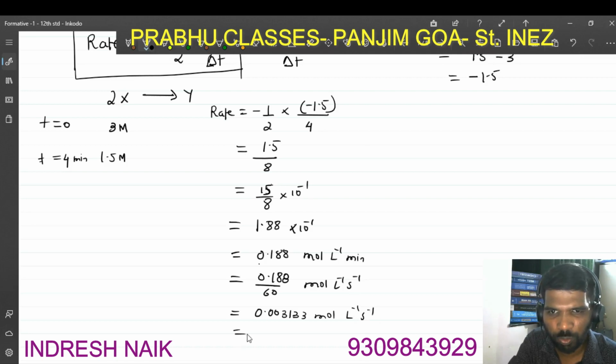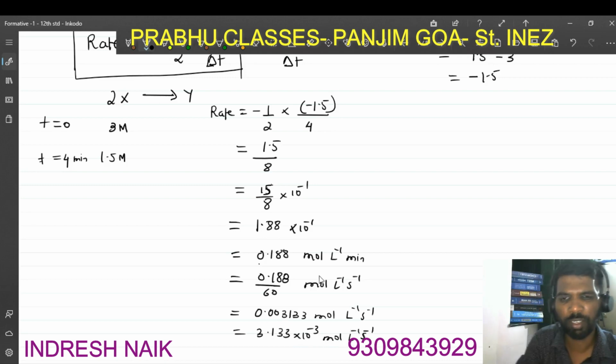Further, you can write it this way to look nice: 3.133 into 10 raised to minus 3 moles per liter per second. You can see. So next question we will take.